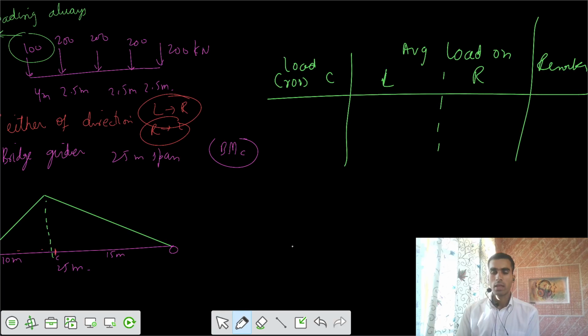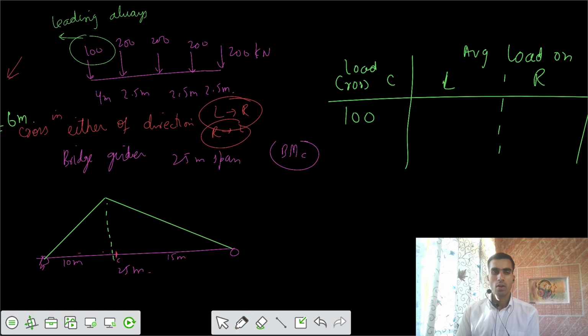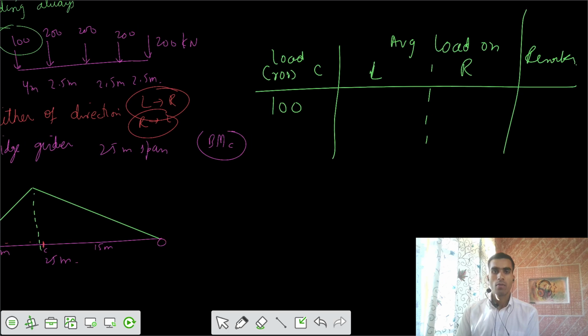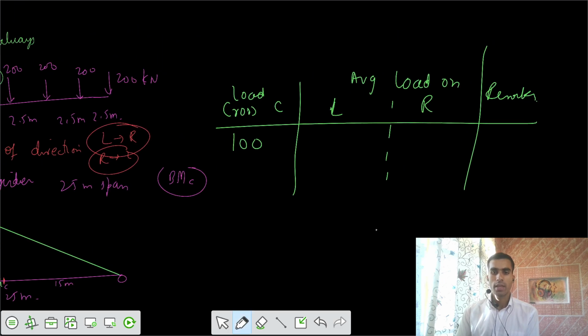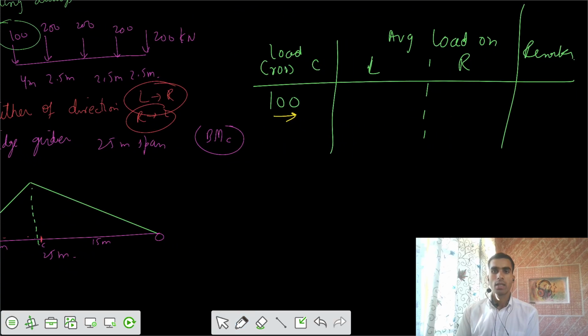Let's keep the first load, 100 kilonewton, because the leading load is always 100 kilonewton. So for the left to right condition, this is case one. 100 kilonewton is the leading one, so on this side we have 100 for the length of 15, and on the other side we have 800 kilonewton for the length of 10.